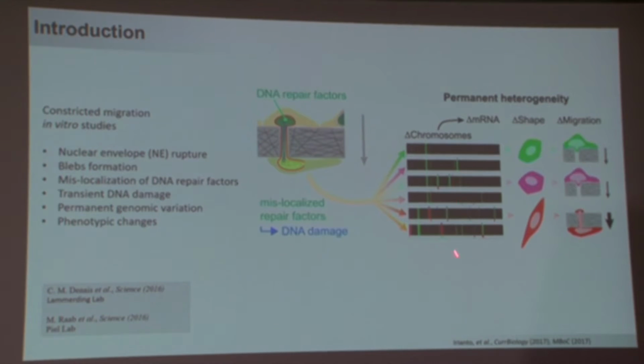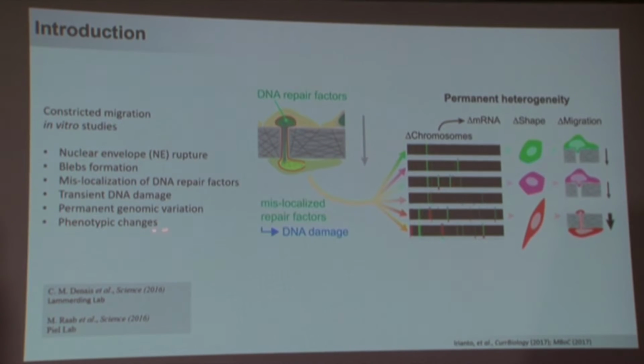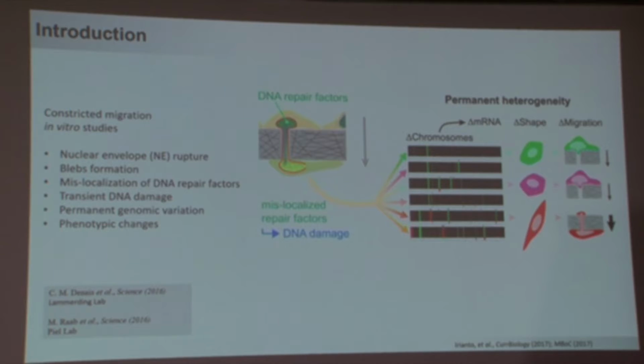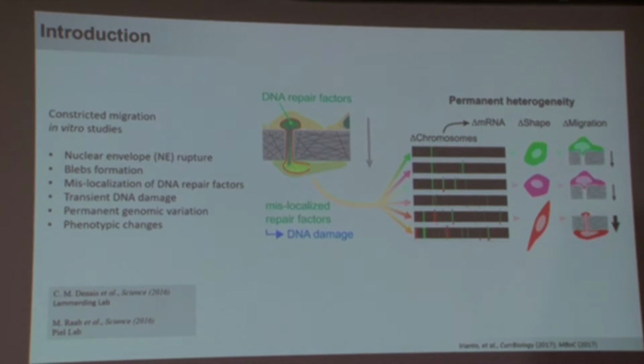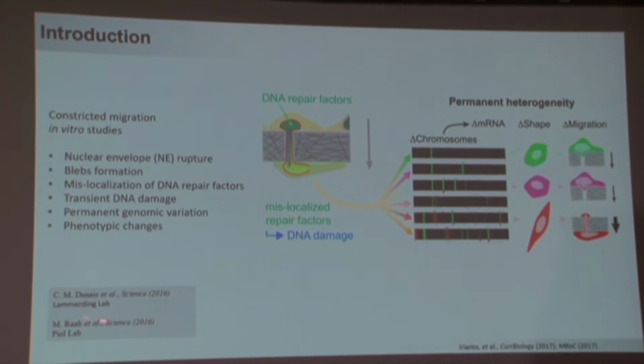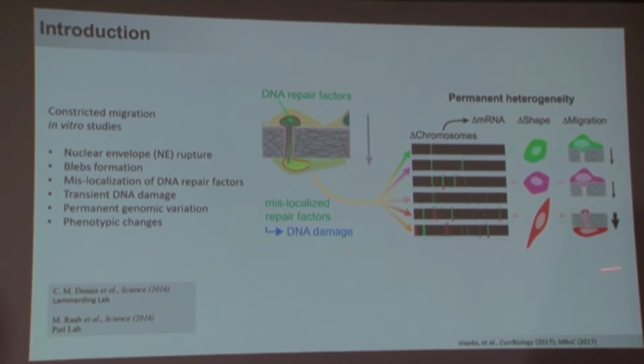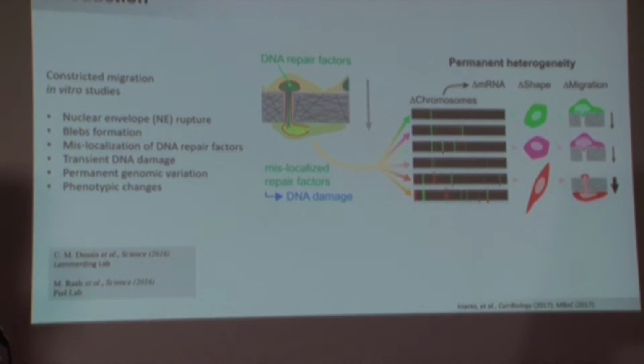And also some work in our lab done with transwells show that if you have cells that will migrate many, many times through these pores, for example 17 in this case, there will be permanent genomic variation and also some phenotypic changes. So this work on constricted migration was done in Jan Lammerding's lab, but also at Mathieu Piel's lab in Curie in Paris, and also our lab.